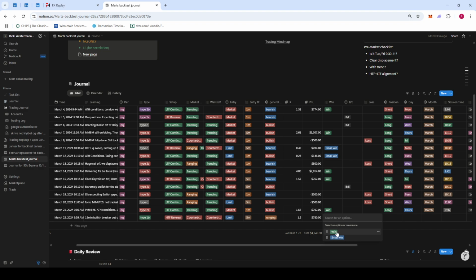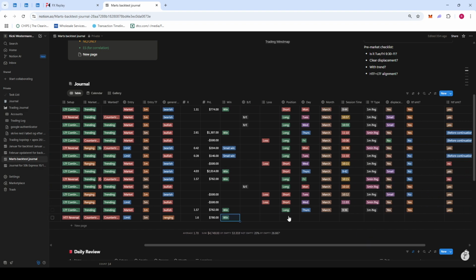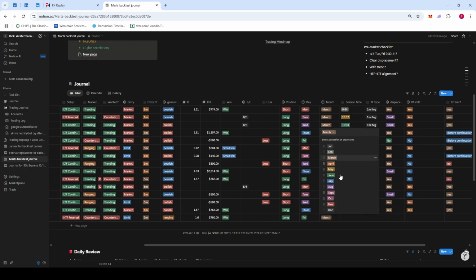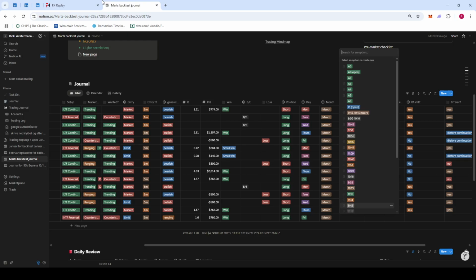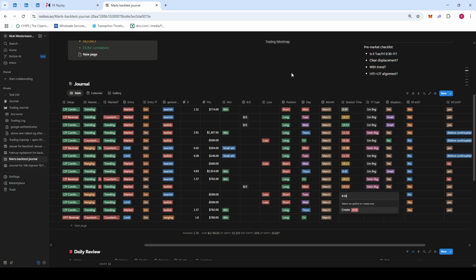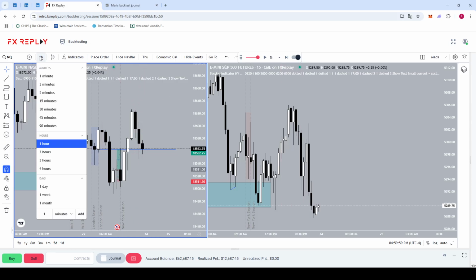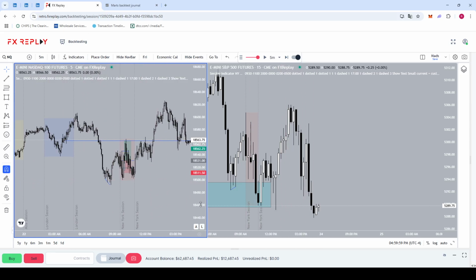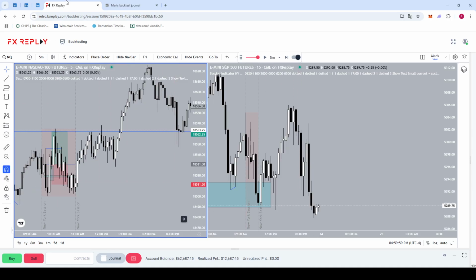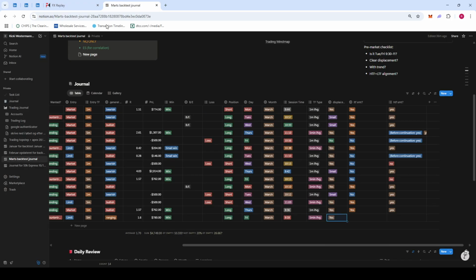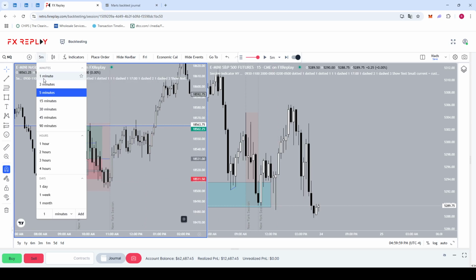I think. So when we longed, and it was a Friday, and it is March, and I went in at 9:59. 5 minute displacement. Indeed, very nice displacement. Did we have a low time frame SMT down here?